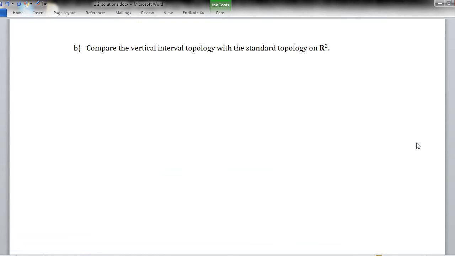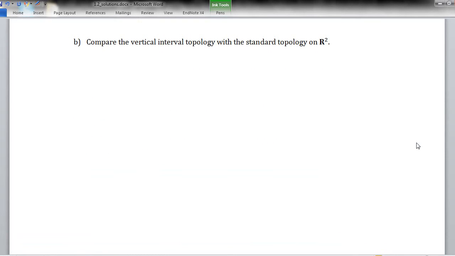Okay, so part B asks us to compare the vertical interval topology with the standard topology on R2. We want to know whether one of them is finer or coarser than the other. And it turns out that the standard topology is a proper subset, meaning it's a subset and it's not equal to, the vertical interval topology.